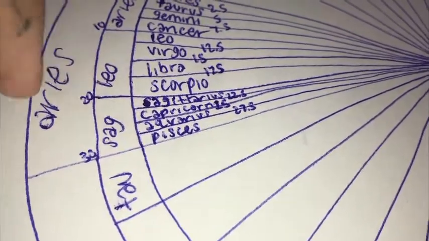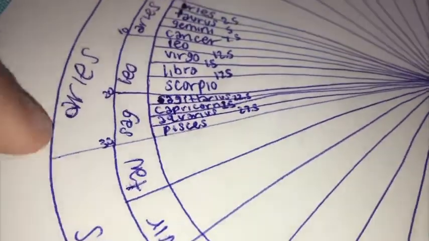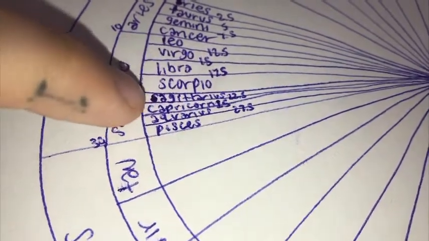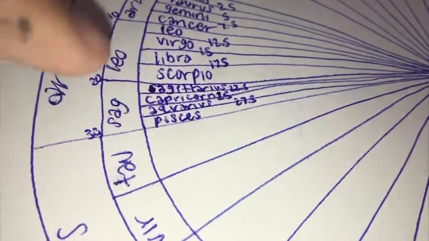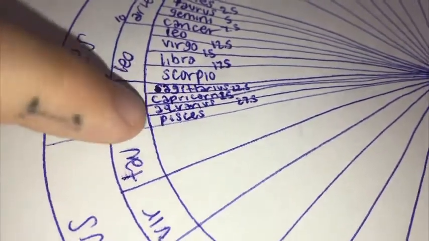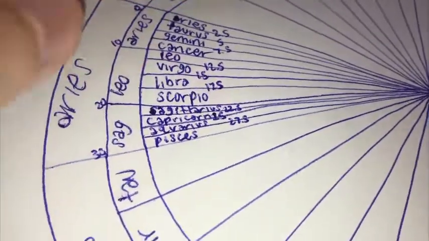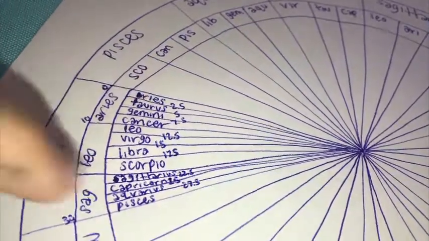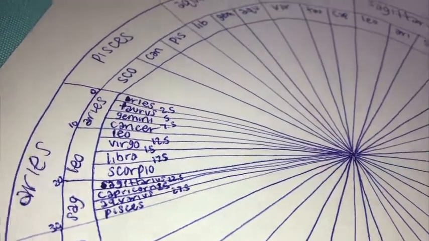Now down here in the decan of Sag, still all in the sign of Aries, 20 to 22.5 would be Sag, 22.5 to 25 would be Cap, 25 to 27.5 would be Aquarius, and 27.5 to 30 would be Pisces. You've got all the zodiac signs just in this one sign if you use Dwads. If you use decans, you've got a whole other 3 signs.